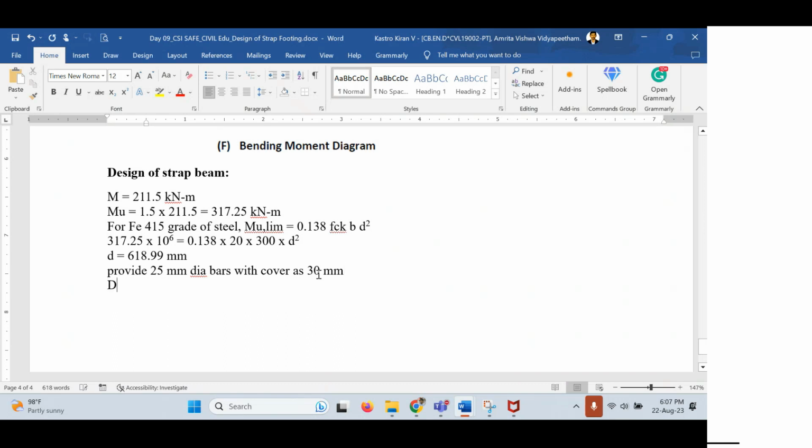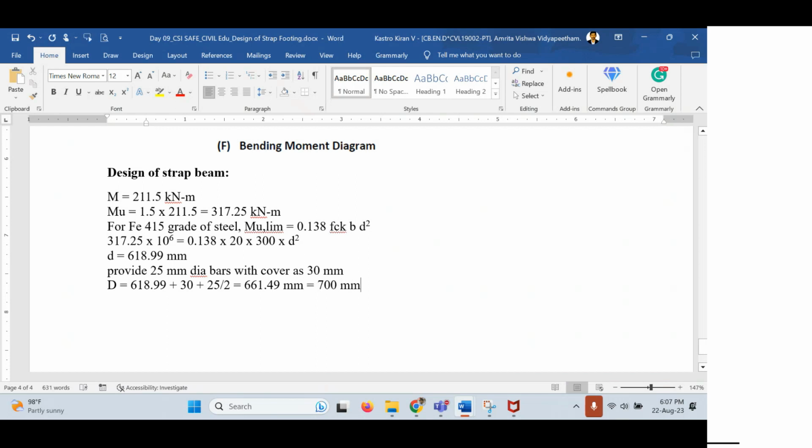So the overall depth of the section, capital D, equals the effective depth, that is 618.99, plus the clear cover, that is 30 mm, plus diameter of bar divided by 2, 25 divided by 2. We get the overall depth as 661.49 mm, which you can round off to 700 mm.